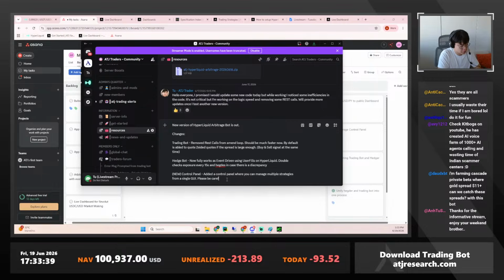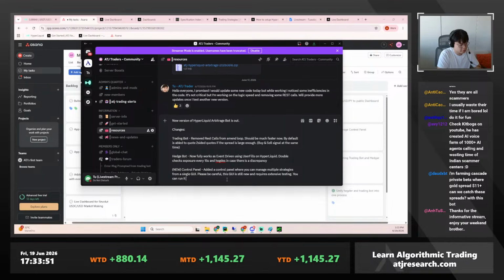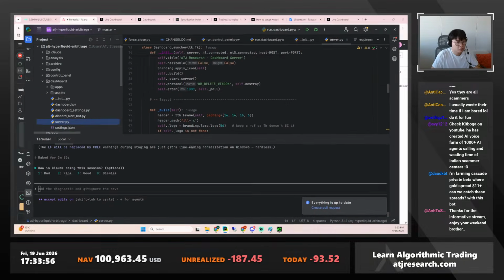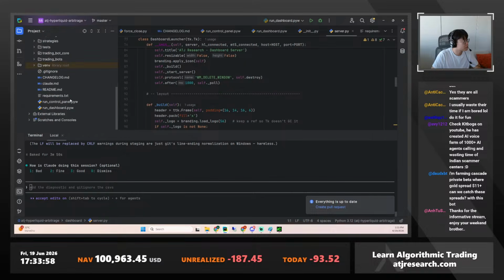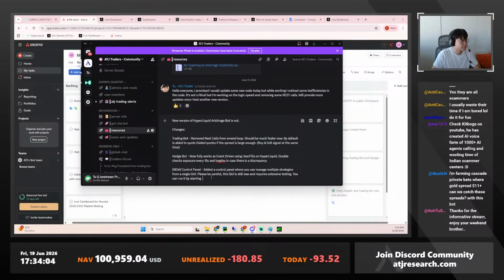Please be careful, this GUI is still new and requires extensive testing. You can run it by starting run control panel PYW.